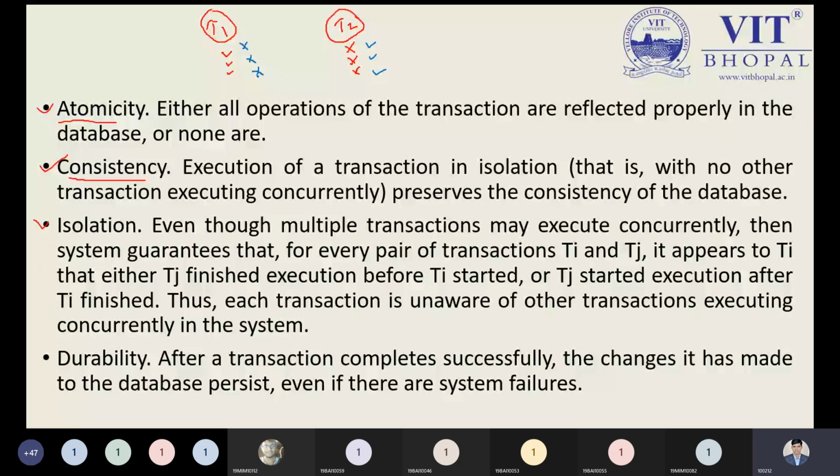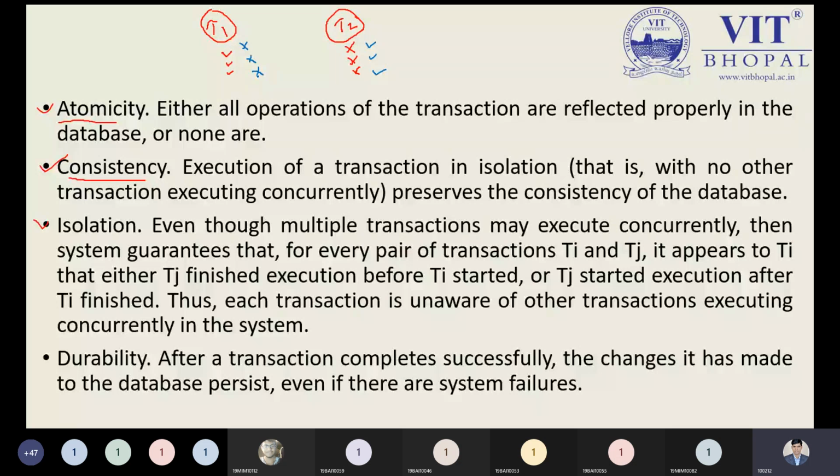So isolation means we are talking about the integrity between two different transactions. Let me make it clear to all once again: transaction T1 and transaction T2 may depend on each other, but right now both are independent from each other. While performing their sets of operations, the transactions do not depend on each other, but the execution of one transaction will not affect the other transaction.